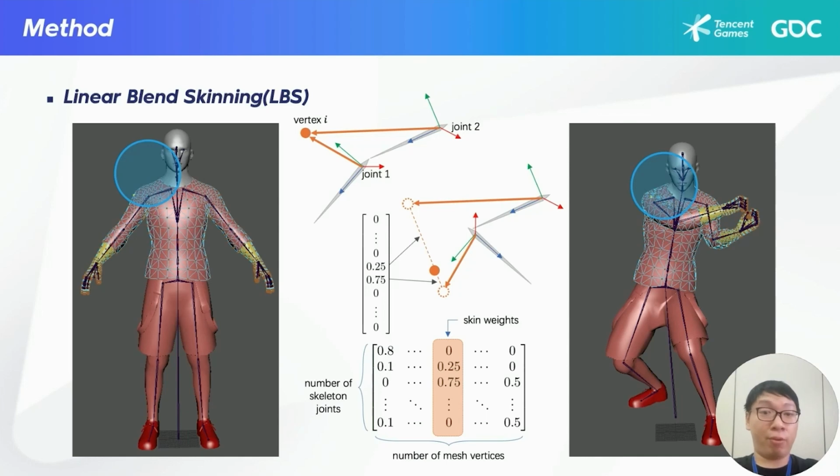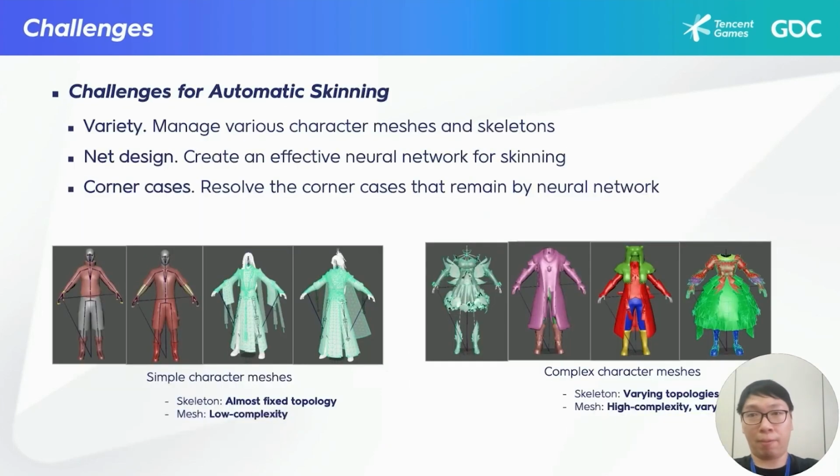Next, let's review the challenges involved in implementing auto-skinning. There are 3 main challenges. First, characters have various geometries and topologies, leading to different meshes and skeletons with varying complexity levels. Accordingly, we've divided the meshes into 2 categories, that is, simple and complex meshes, based on the difficulty of skinning.